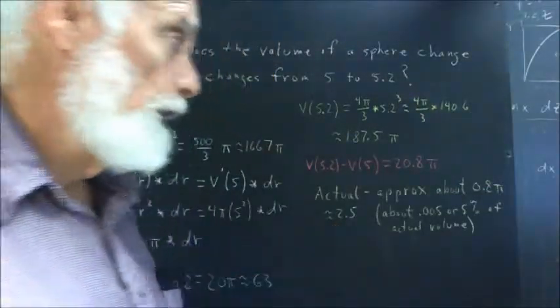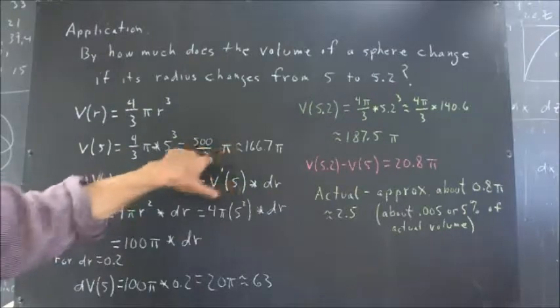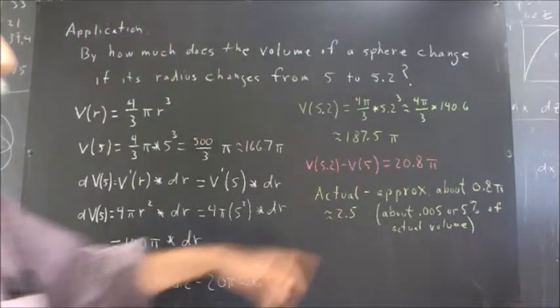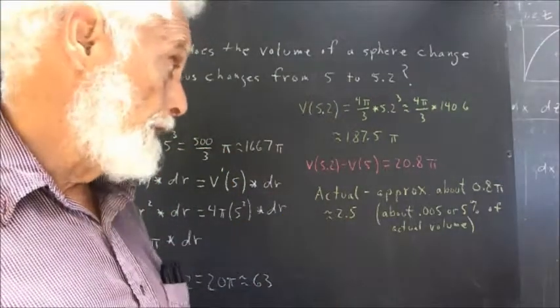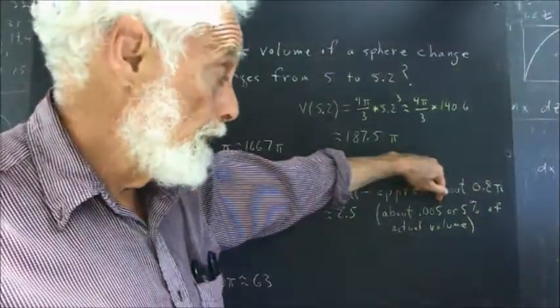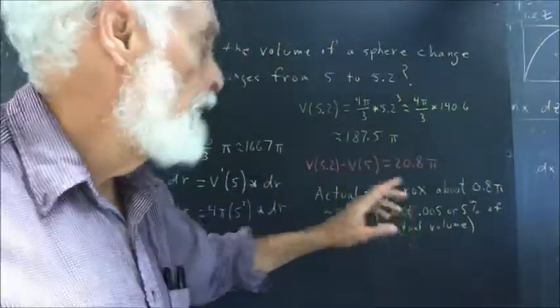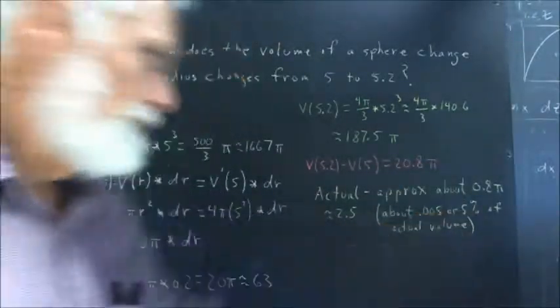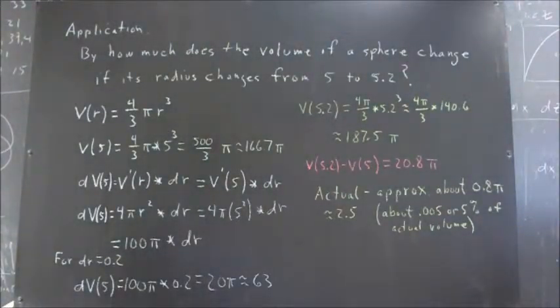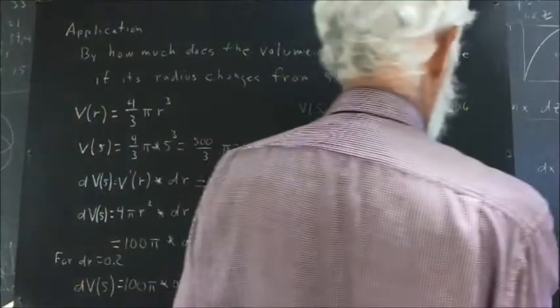which is about 2.5. This comes out pretty close to 500, so 2.5 is about 0.5% of 500, about 0.005, or 5% of 500, and I said 0.5%, I believe, but I didn't write it.